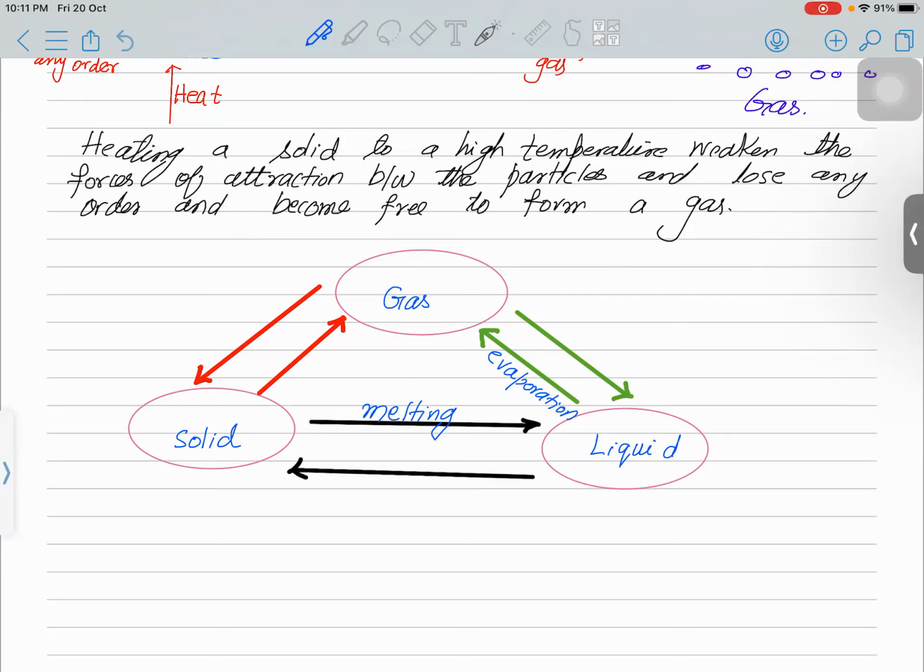And gas to solid is called deposition. Similarly, gas convert into liquid, condensation.